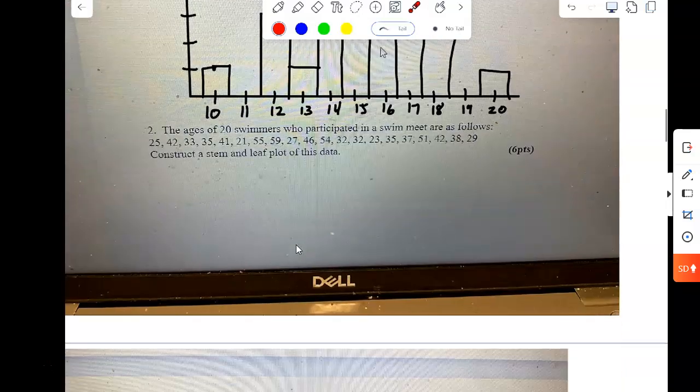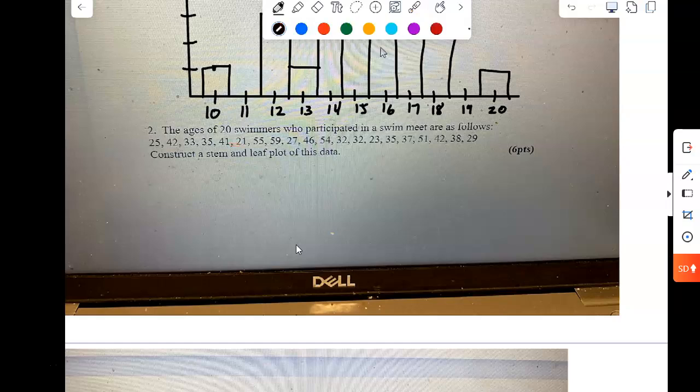Okay, up next we have this problem where we're asked to make a stem and leaf plot. Now your textbook had you sort your stem and leaf plot. I'm not going to worry about that as long as you have the right numbers in the right place. The way we do a stem and leaf is we go through and we write down our stem, which is the first digit of our number, and then the leaf will be our ones digits.